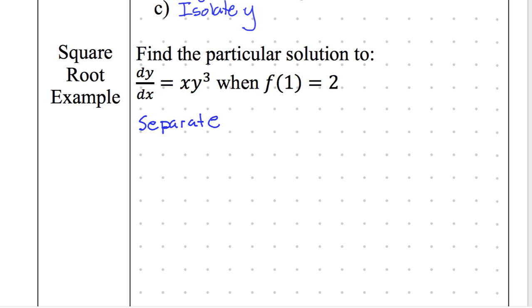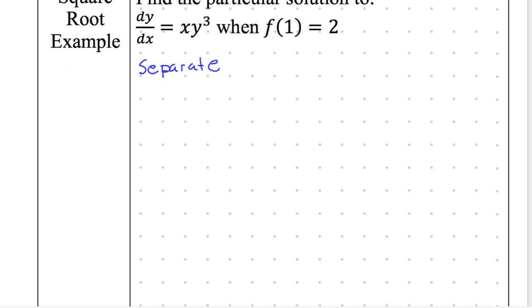Step 3 is to evaluate, and step 4, the last step, that's optional, is isolate. So separate, integrate, evaluate, isolate. I got separate twice. We'll get these down.